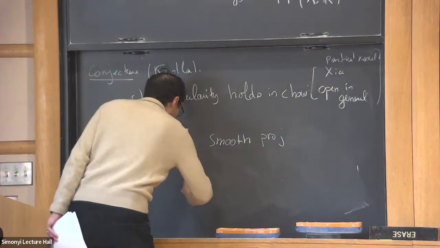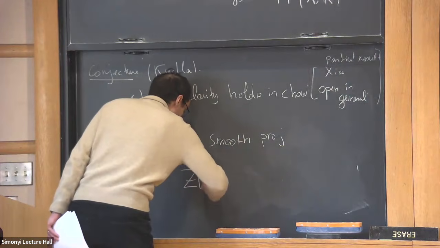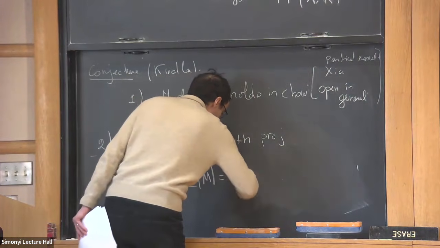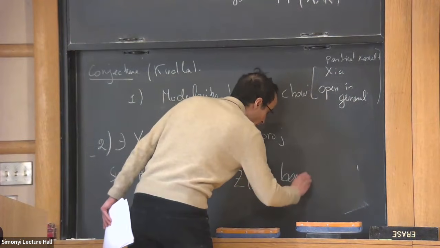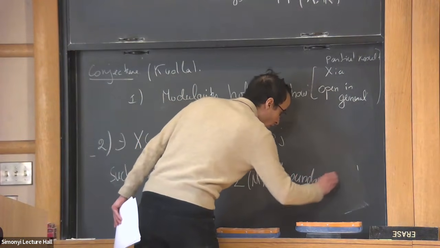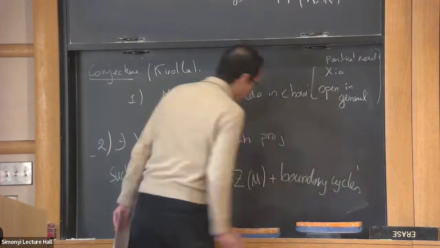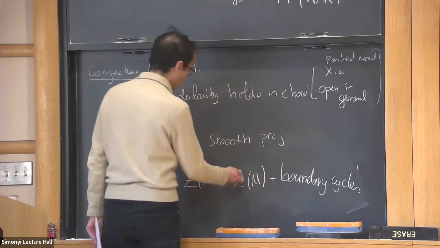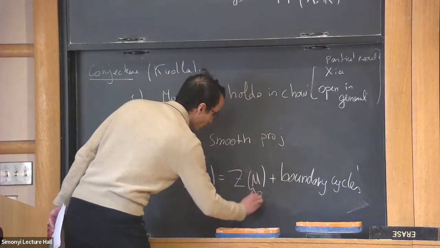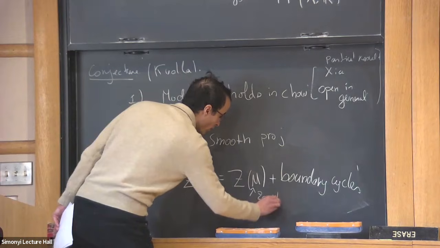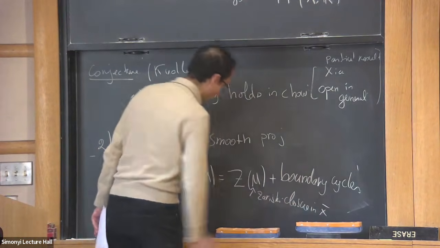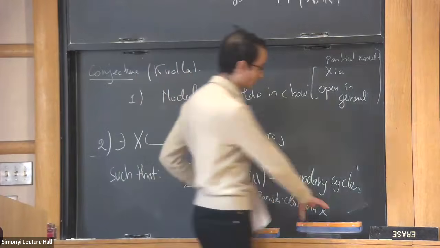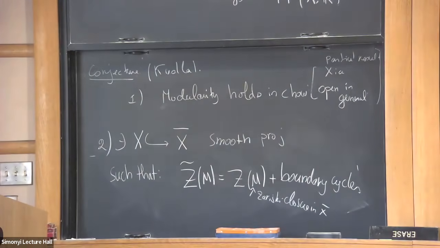So there exists some correction Z tilde_M, which is going to be Z_M plus some boundary cycles. And so this is now the Zariski closure in X bar, such that the resulting generating series is a holomorphic modular form, including the boundary.